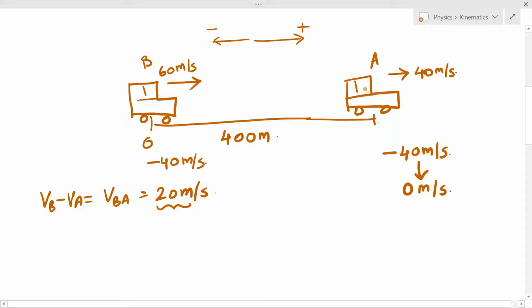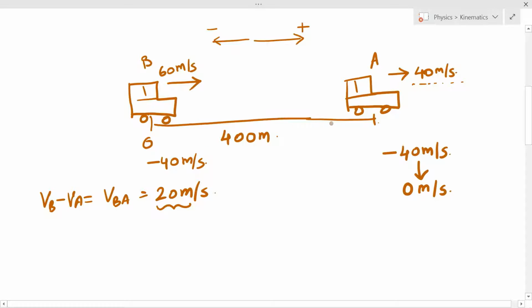Now we have taken car A as stationary, and car B is approaching it with a velocity of 20 meter per second. Obviously car A will see car B approaching with a velocity of 20 meter per second, because it is already having a velocity of 40 meter per second.